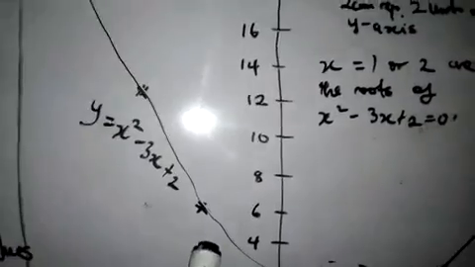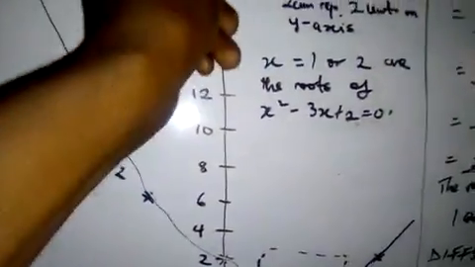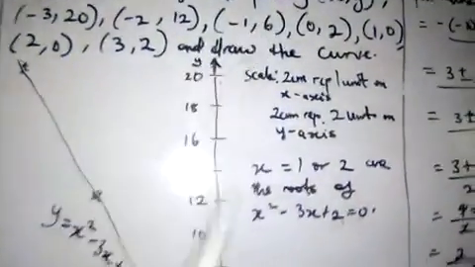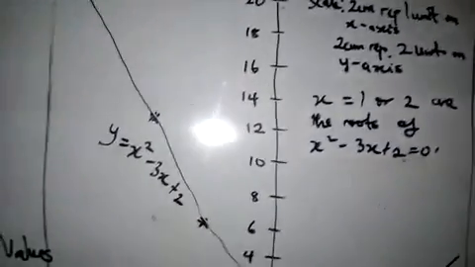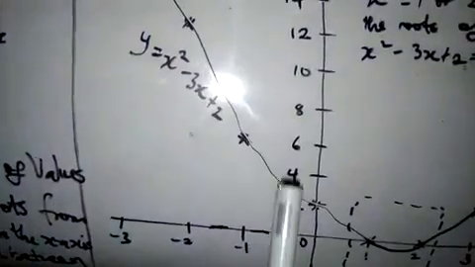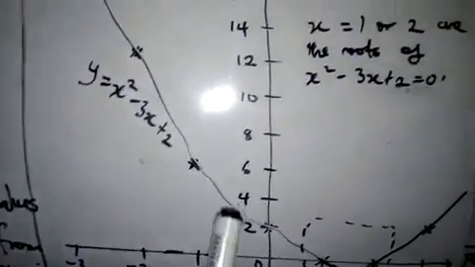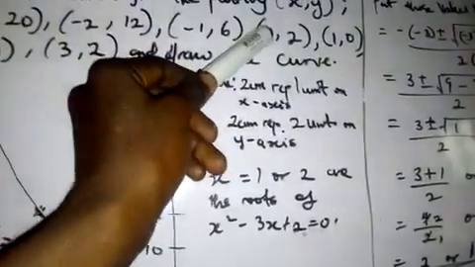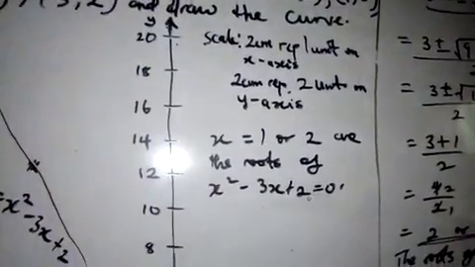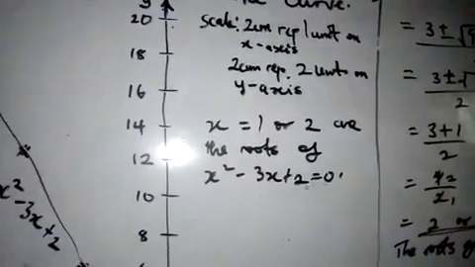Then minus 1 and 6. This is minus 1, and this is our 6. We have pointed it out. Then we have 0 and 2. This is 0 and 2, so we mark it out.